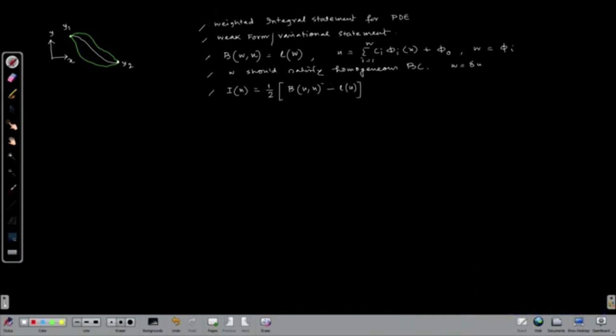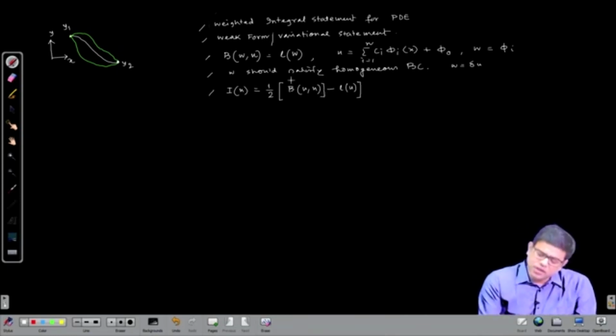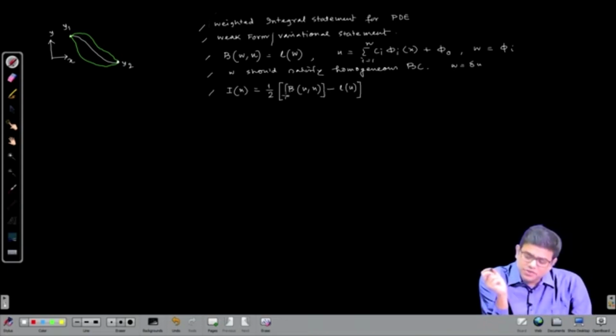One important thing is that this symmetric bilinear form is not necessarily true for all the problems we will be dealing with. In that case, it is not easy to construct this potential energy function, although it can be constructed.